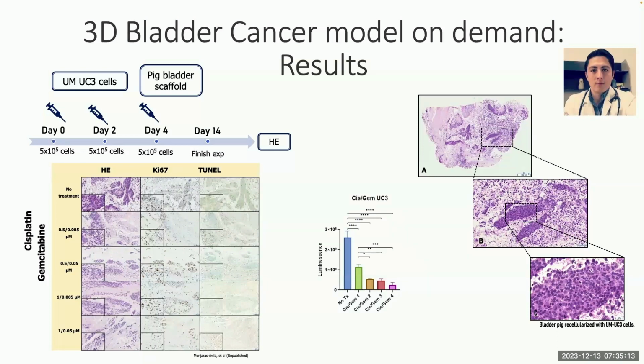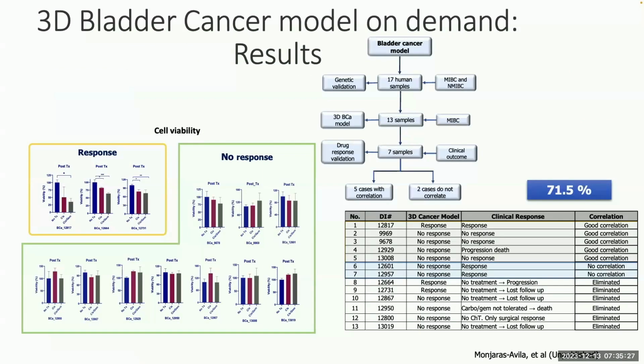And this is what he saw: a decrease in proliferation, looking at Ki67, and an increase in TUNEL assay, as he increased the dose of cisgem. So that was his first trial. I'm showing just 2 slides, but really it's the work of lots of months and years trying to optimize this technique.